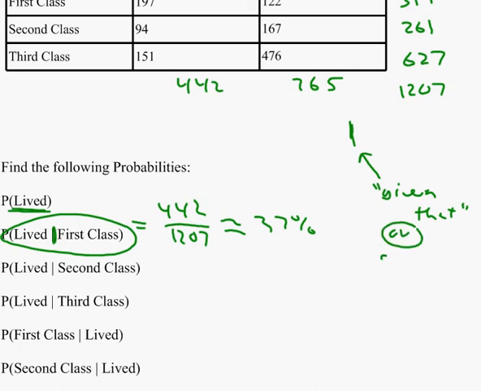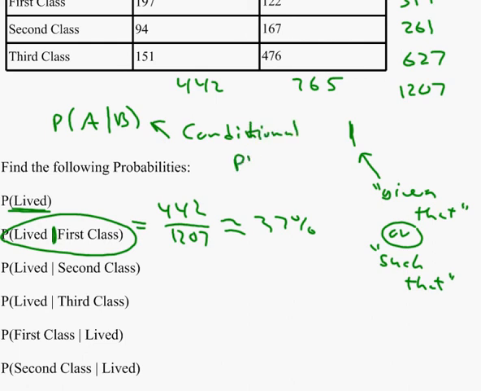Or sometimes you would say such that. I prefer given that. When you see the probability of A given B, that's called a conditional probability.